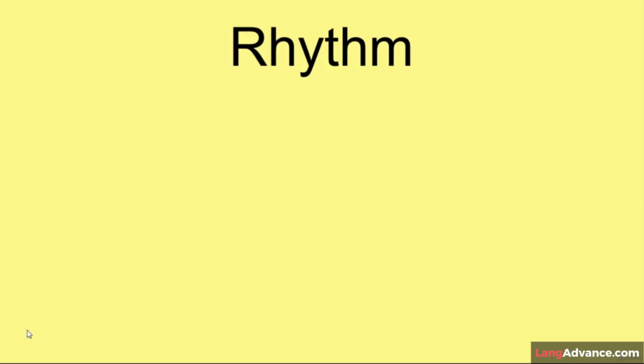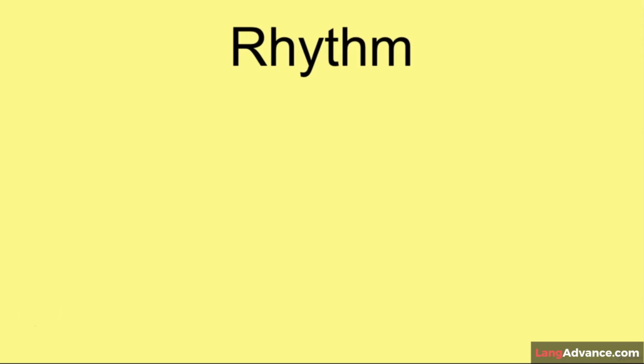Let's talk about rhythm. Music has rhythm. And just as music has rhythm, English also has rhythm. In fact, all languages have rhythm, but not all use it in the same way. But what do we mean when we say that English has rhythm?